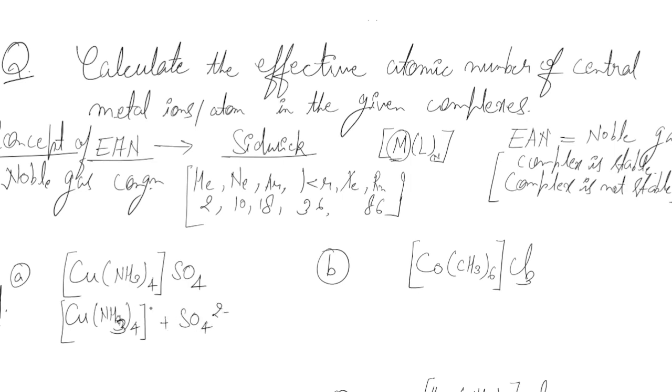So this coordination sphere is our cationic species, and the oxidation state of copper in this complex is +2.